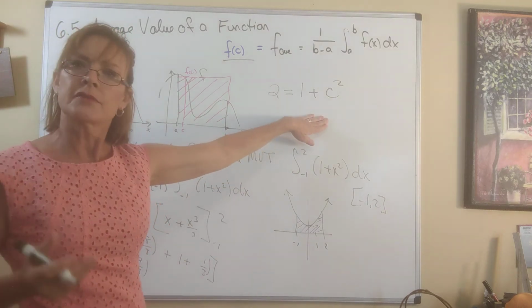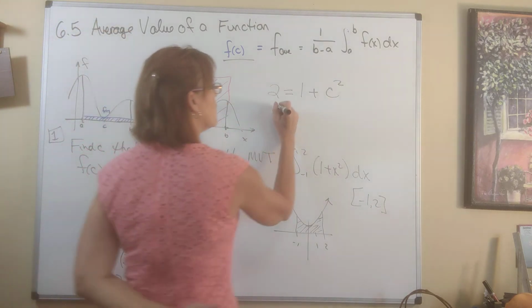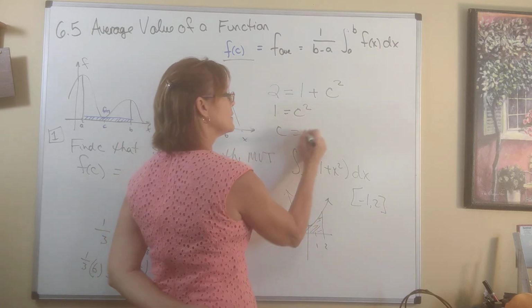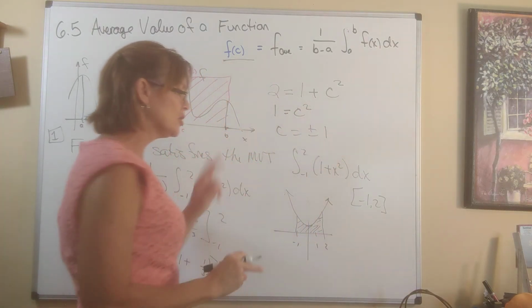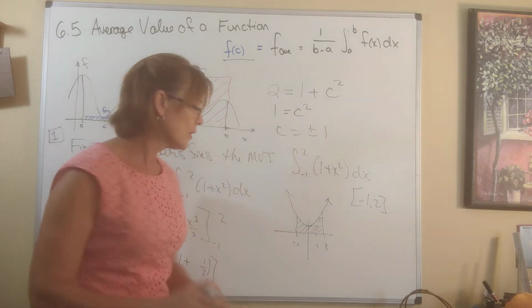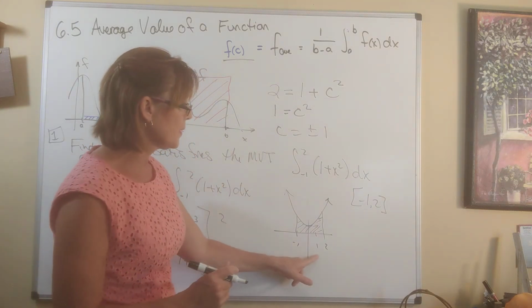So we just solve this for C. So we subtract 1 and get 1 is equal to C squared. Take the square root of both sides. C is equal to plus or minus 1. Turns out we get two values of C where this theorem will be fulfilled. One is at negative 1 and one is at positive 1.